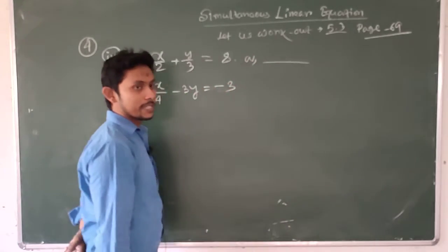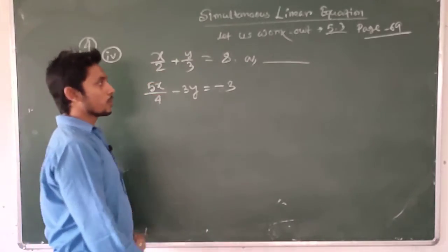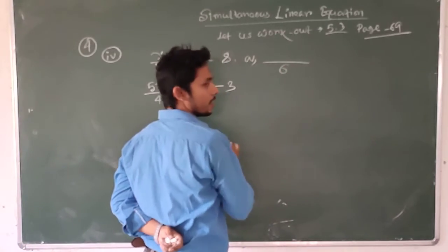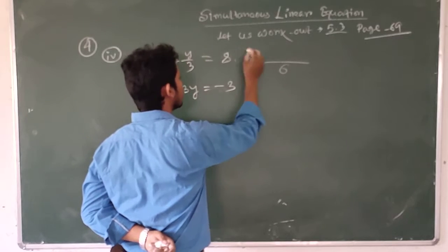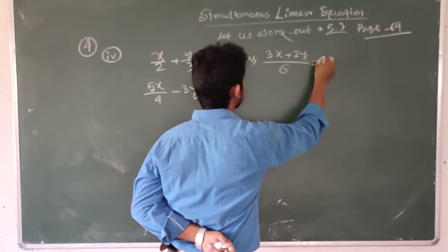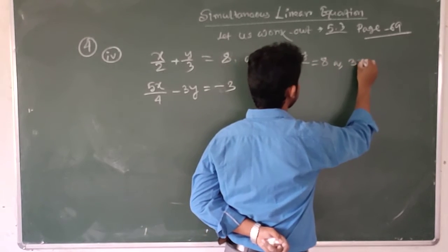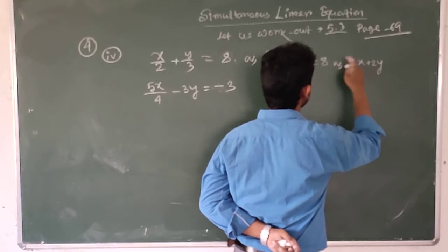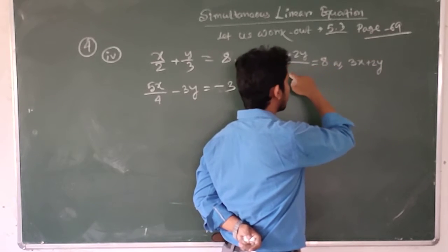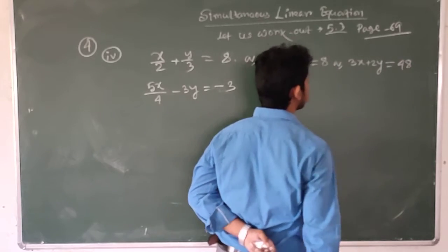Okay, now how to do? So this one we can add these two. Here 6 is the LCM. Here it will be 3x, here it will be 2y, and here it is 8. Now after that it is 3x plus 2y equals 48.